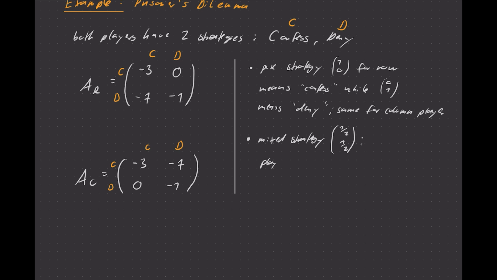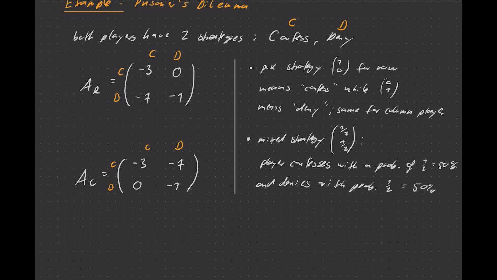That means the player confesses with a probability of 1/2, so that's 50%, and denies with probability 1/2.